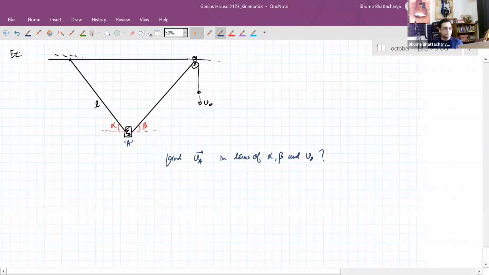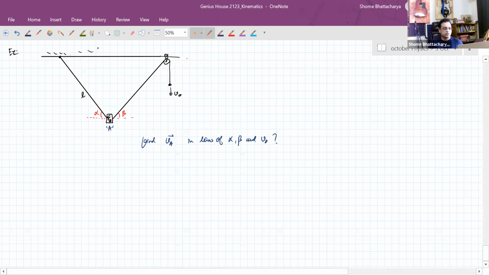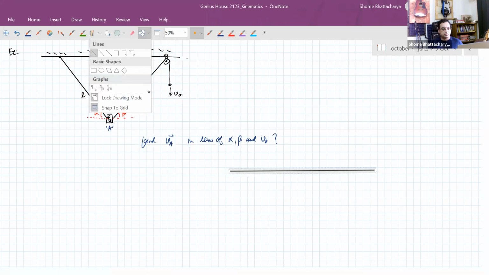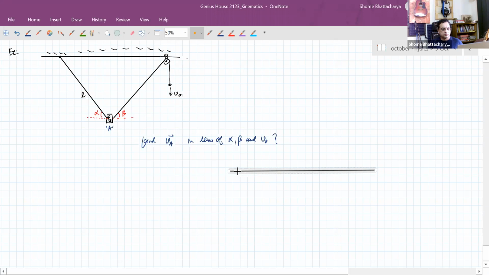Actually, to understand this question fully, you can draw a diagram where it doesn't appear to be so symmetric like in that diagram, because it need not be symmetric. So let me try and illustrate that. More like this.